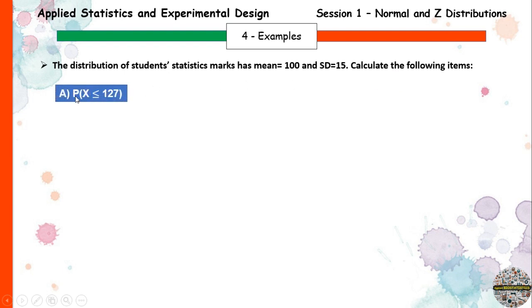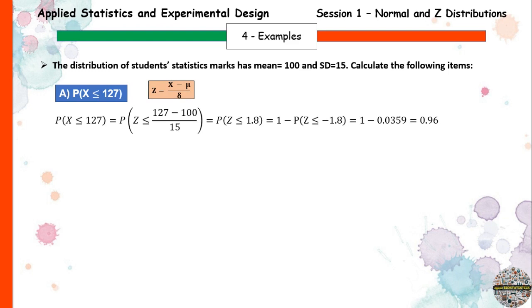We want to calculate the probability of marks equal or less than 127. For that, we need to calculate the z-score of 127.